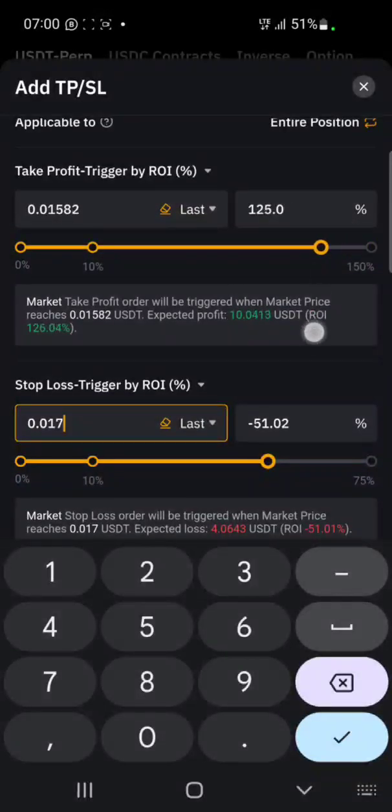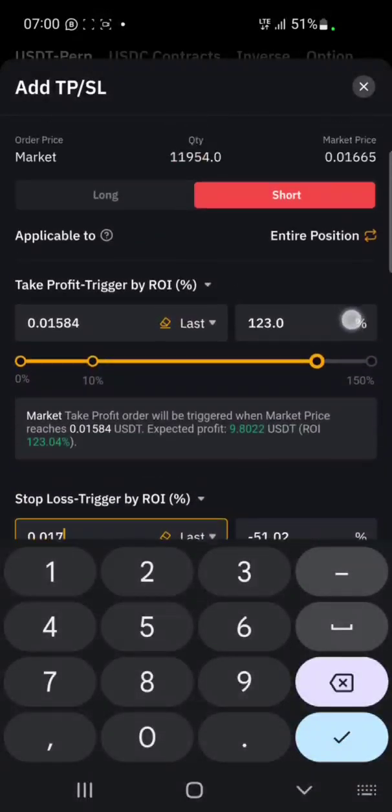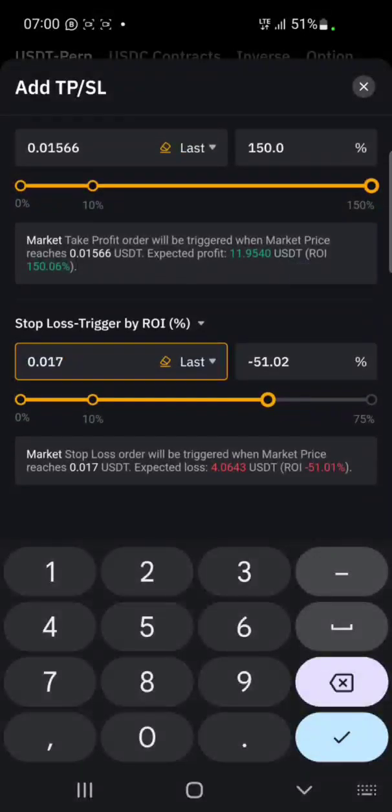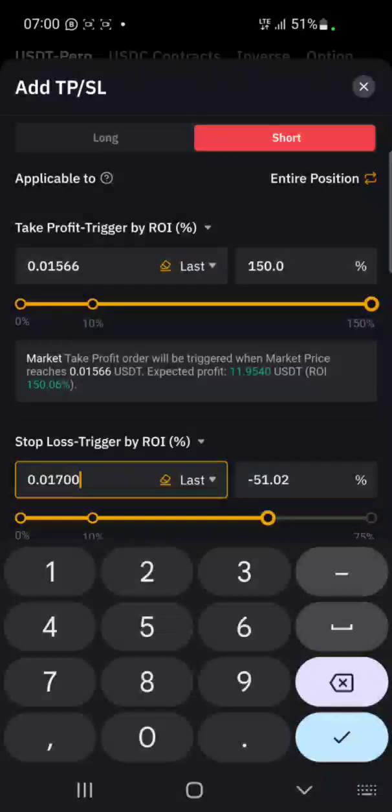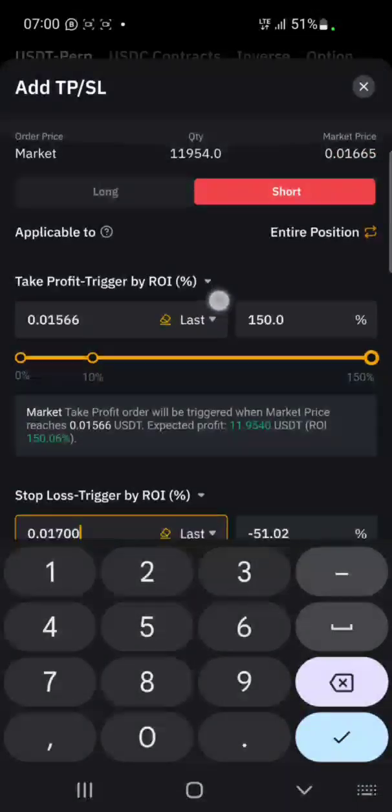So if it moves to 0.1700, I'll be losing $4. And if it moves to, what did I choose at that time?